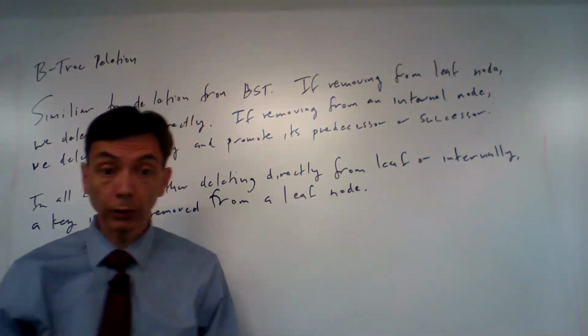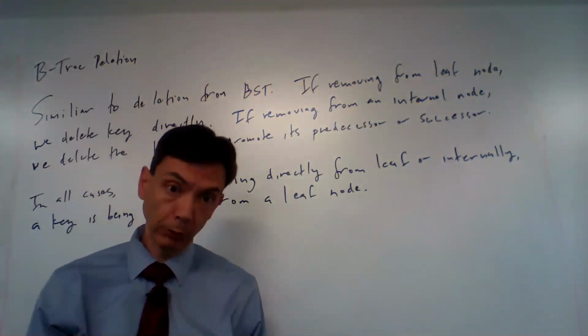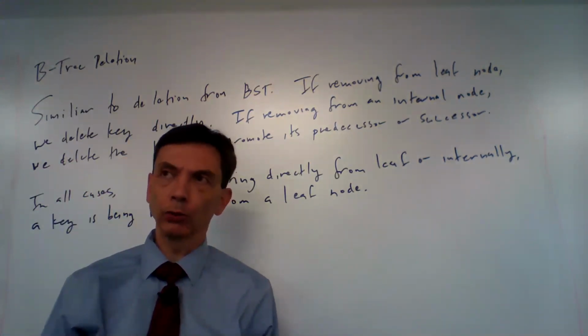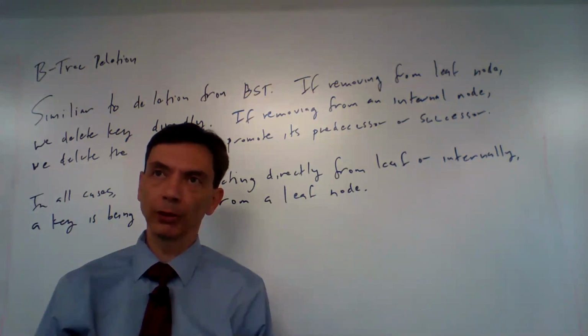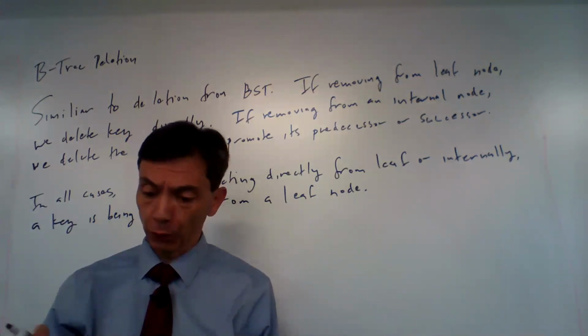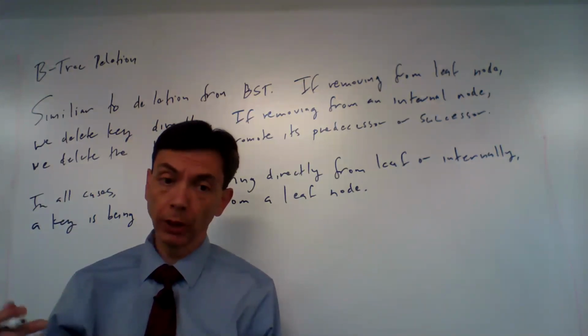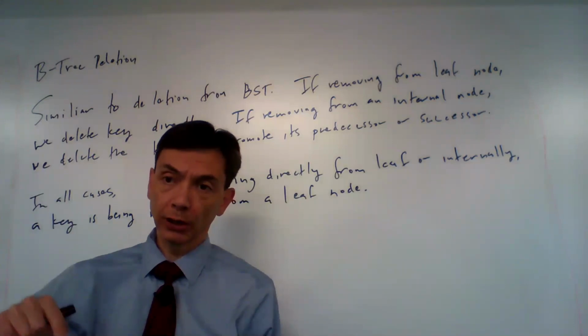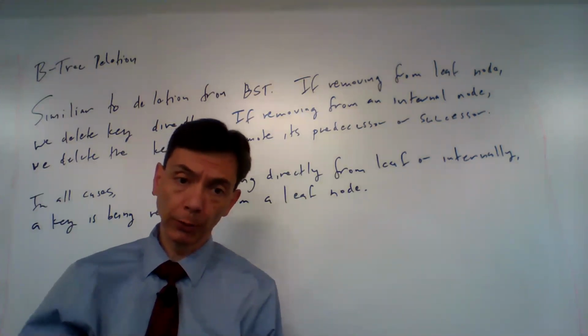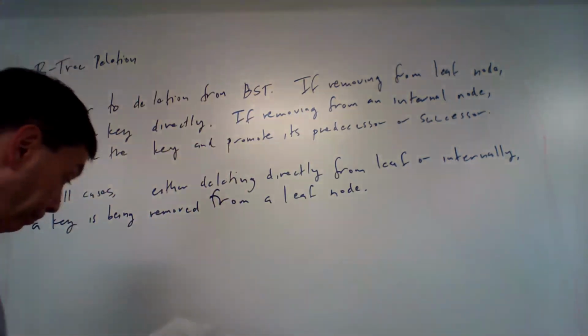Right? So if we're deleting directly from the leaf, it's being removed. If we're deleting from an internal node, what we're actually doing is we're stealing something from a leaf node to act as the predecessor or successor. So we can actually see both internal and leaf-based deletion as removing something from a leaf node. And we have to check that leaf node to make sure that it's still satisfying the requirements of a B-tree. Okay?